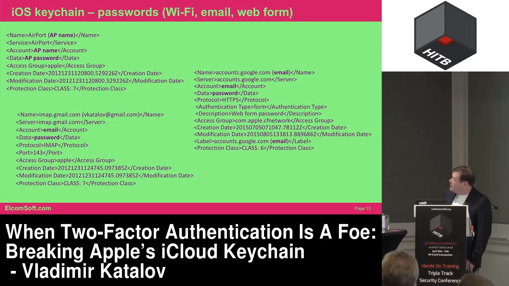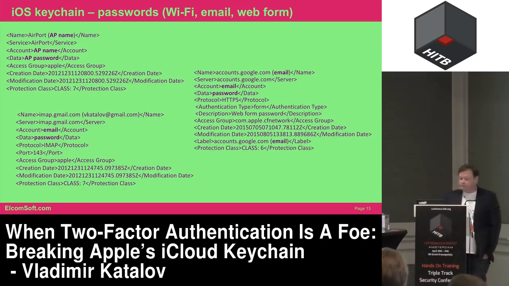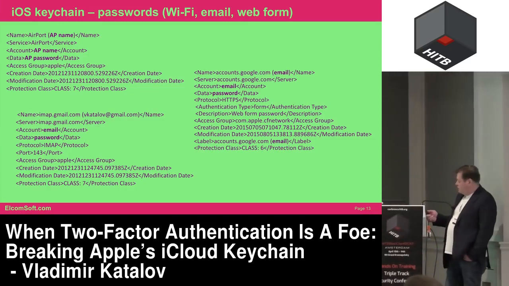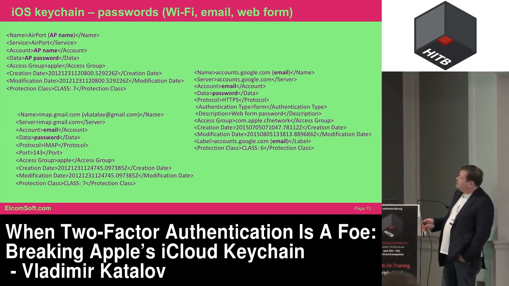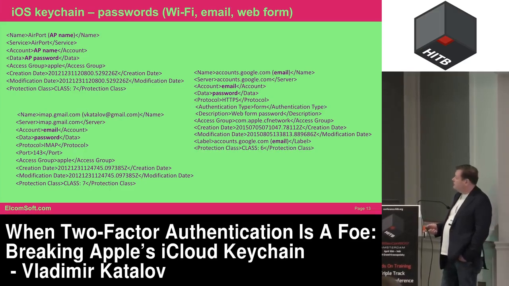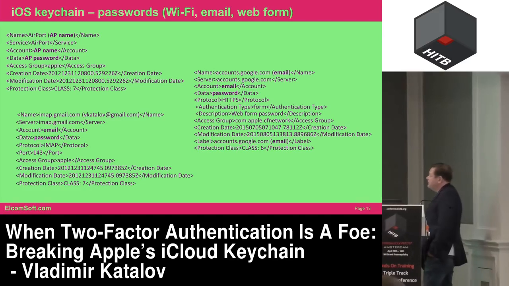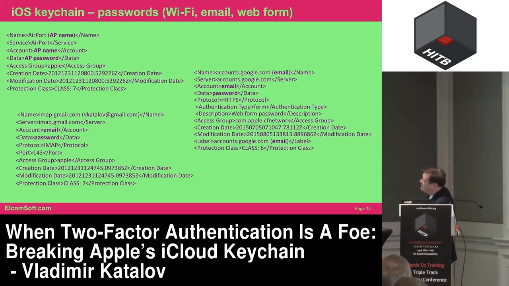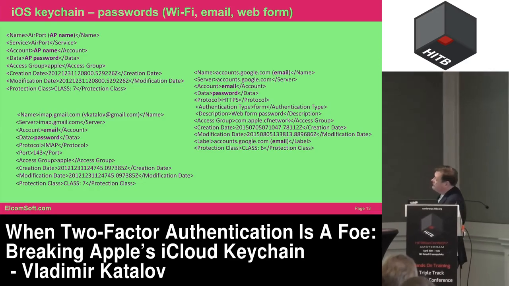Here is the part of the content of the keychain from iOS operating system. Here is from Wi-Fi access point, where you have the access point name and password. Here is the password for the email account set at Google, and here is a password to generic IMAP account, which is in fact also Google.